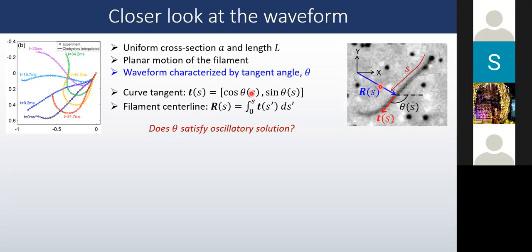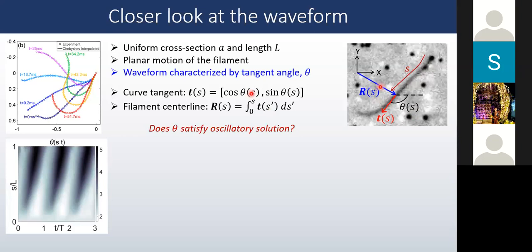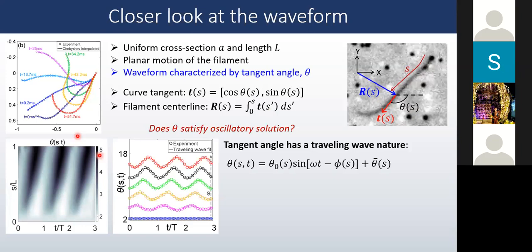So plot theta along the filament length for three beat periods. We see that not only does it oscillate, it has something of a traveling wave pattern. And if we fit a traveling wave equation like this to the experiment, we find a perfect match. Now, this part is very familiar, what you see from normal force-damped harmonic oscillators, but this is the term which is extra.